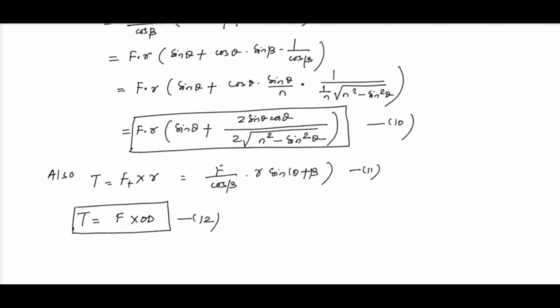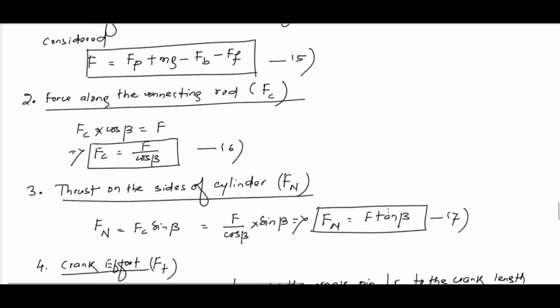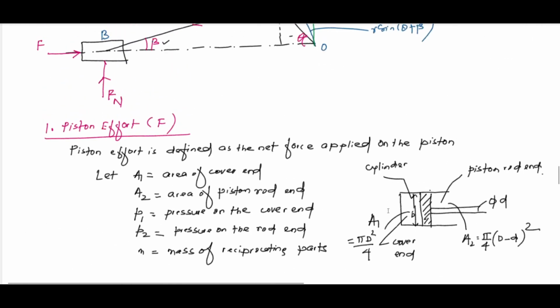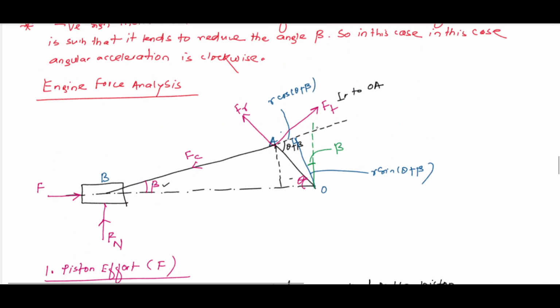Now, what is OD? OD is this line. If you take this point as D, the normal on the horizontal axis line, because this is normal to this line, then this force F multiplied by this distance OD will also give you the turning moment acting on the crankshaft. But normally we take this as Ft into R.